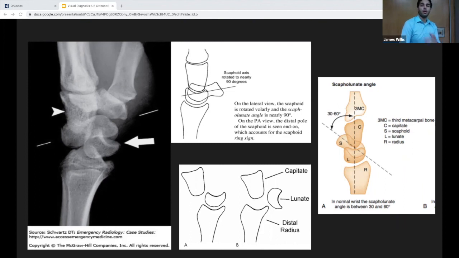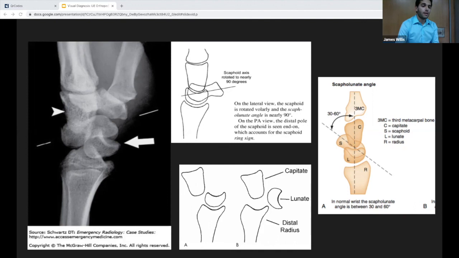And then what a lot of people pointed out is that we did have that perilunate dislocation. So here, this arrowhead, you can see that the capitate is off center with the lunate. And so you can tell that it's the capitate that has gone haywire since the lunate maintains its articulation with the distal radius.